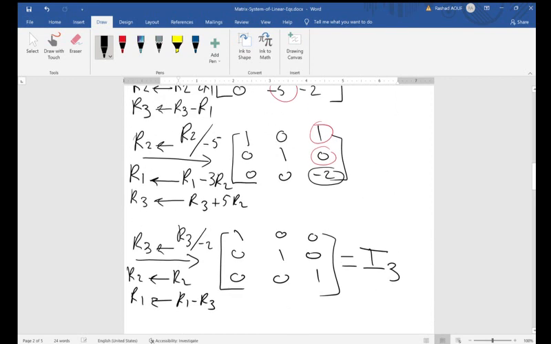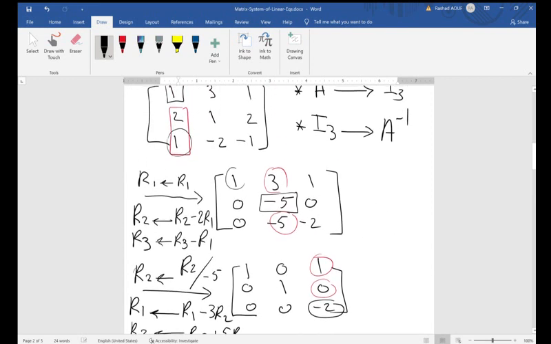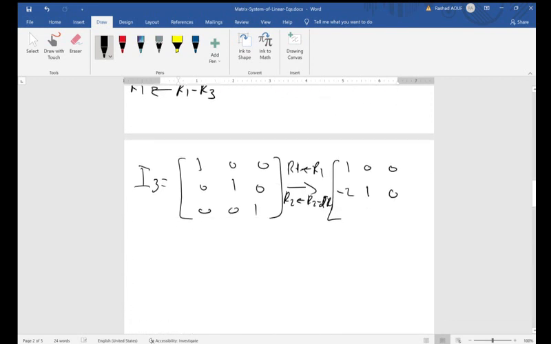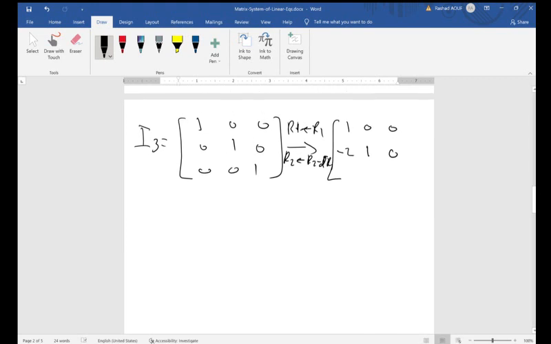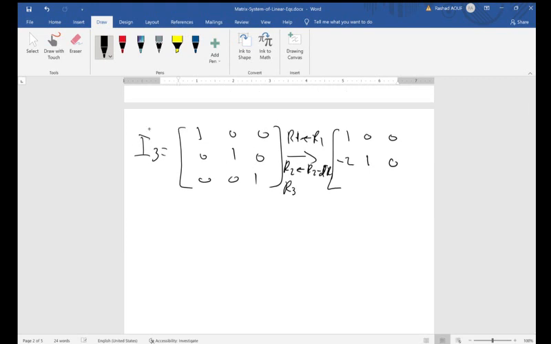And row 3 is row 3 minus row 1. It's minus 1 0 and 1.